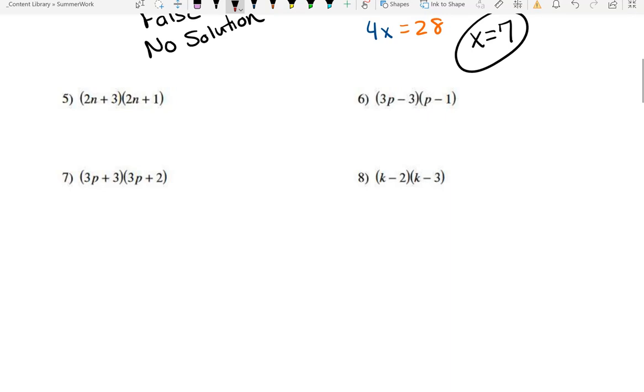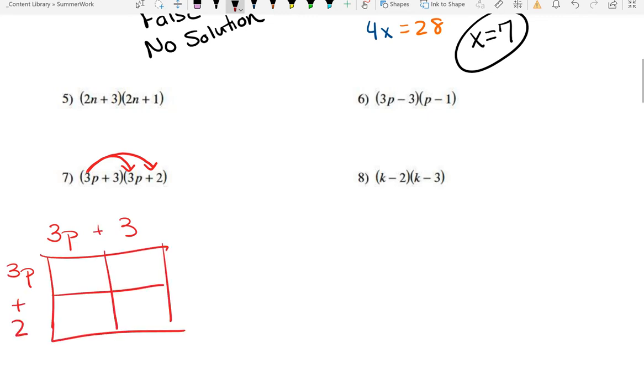So the concept is you're distributing one term from one set to each term of the other. There's many ways you can do this. You can think about it as FOIL. You can draw these fancy arrows, or you can put it into an area model, which looks like this. Kind of like a square, a couple boxes here, and then we just play Battleship.